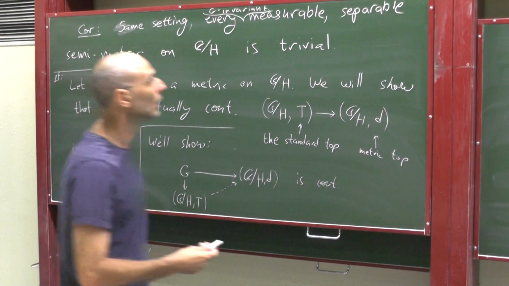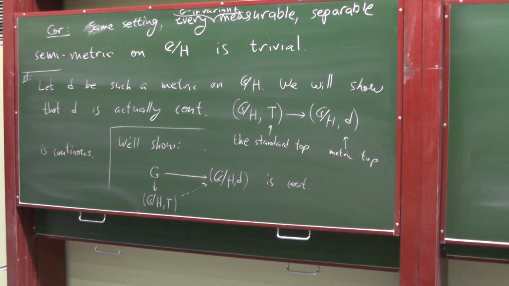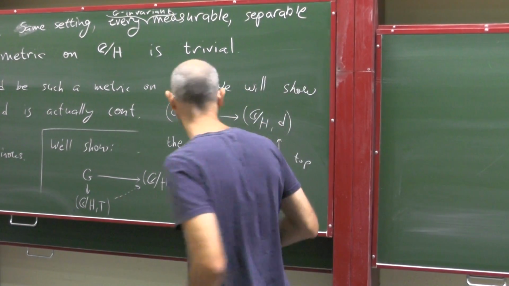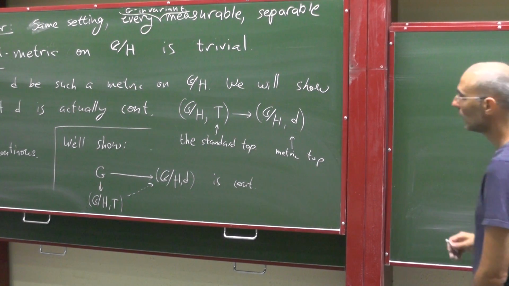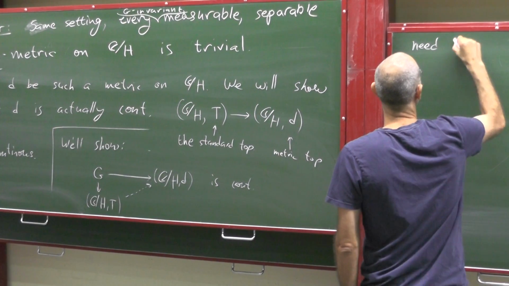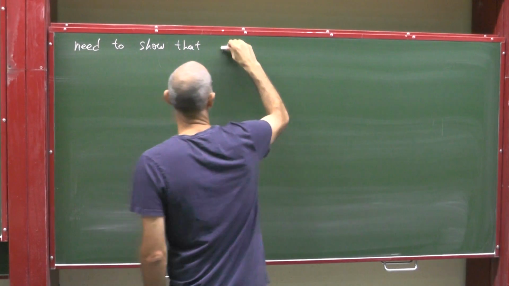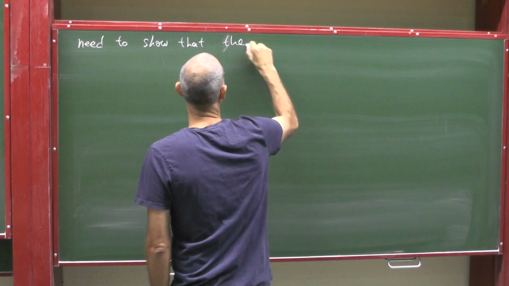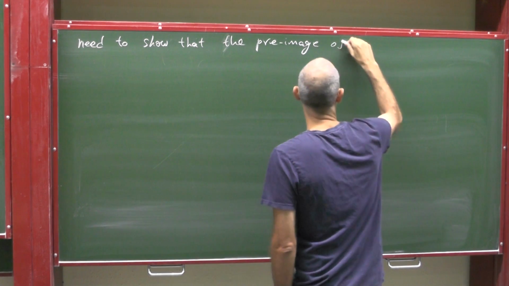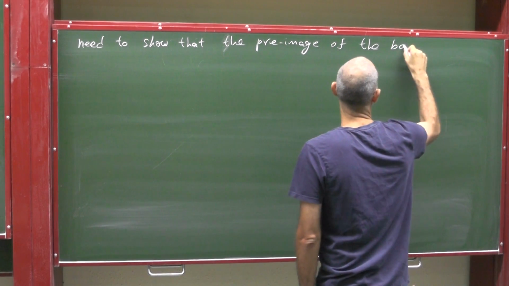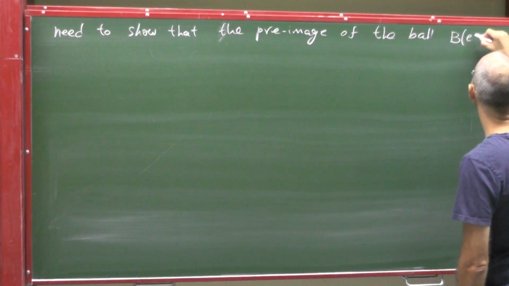Okay. And here is how it goes. Or maybe, again, let me explain what I need to do. Let me do the reduction. Need to show that the image of the ball of radius epsilon.